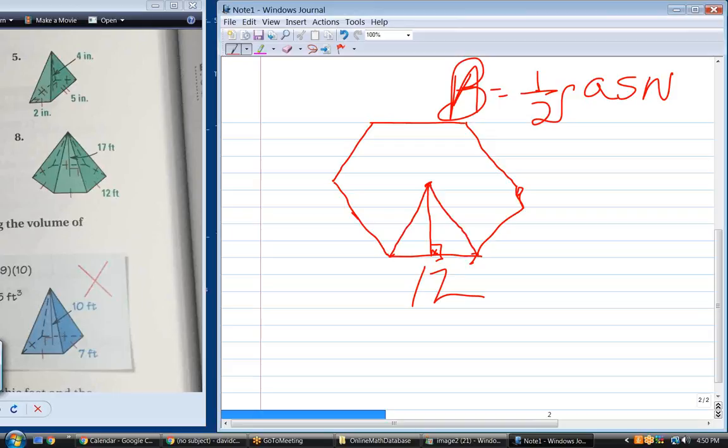If I look at that triangle right there, what are my measurements? What is the central angle of that triangle? 60 degrees. Correct. So after I drop my apothem, that's an isosceles triangle.